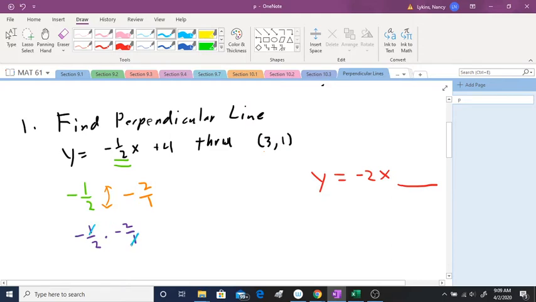The 1's cancel each other out, the 2's cancel each other out. So basically it's saying negative 1 times negative 1. Two negatives make a positive, so it's 1. Your reciprocal slopes, when you multiply them together, have to equal 1.